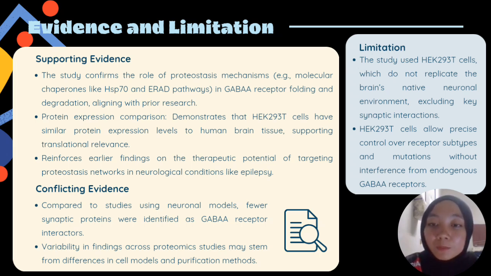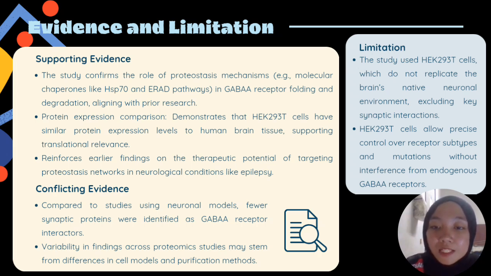However, there are conflicting points as well. Compared to studies that use neuronal models, this study identified fewer synaptic proteins as interactors of GABA A receptors. This discrepancy is likely due to the use of HEK293 cells, which lack the native neuronal environment. Despite this, the study's findings remain valuable because of its focus on proteostasis, which is consistent across cell types.